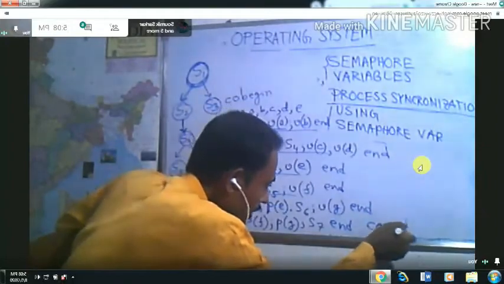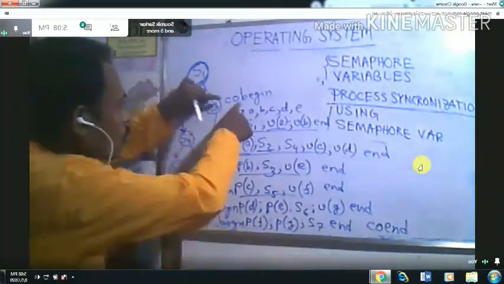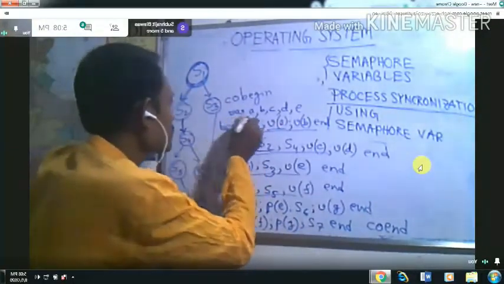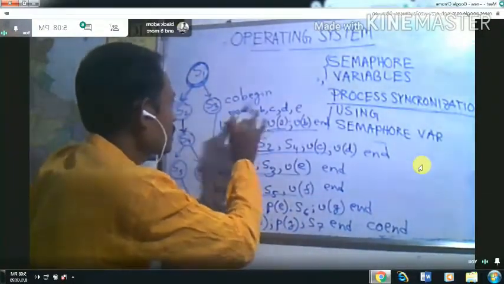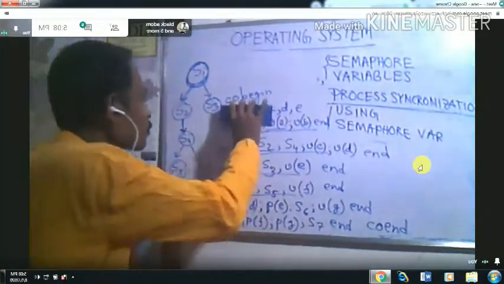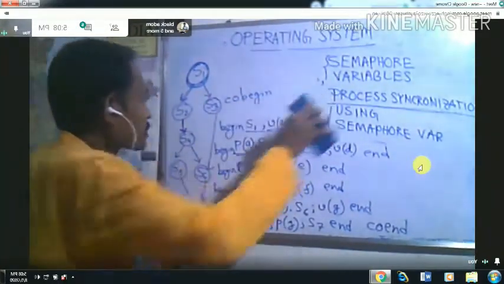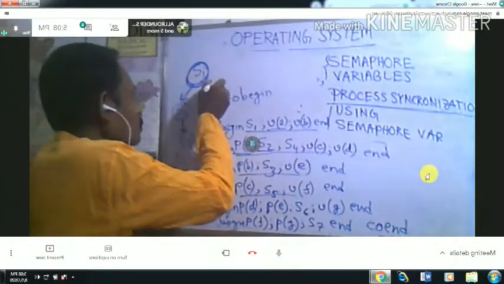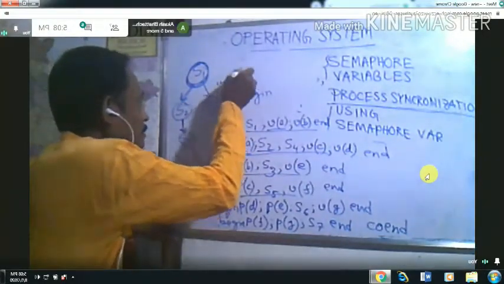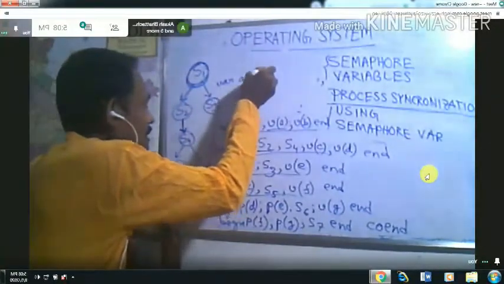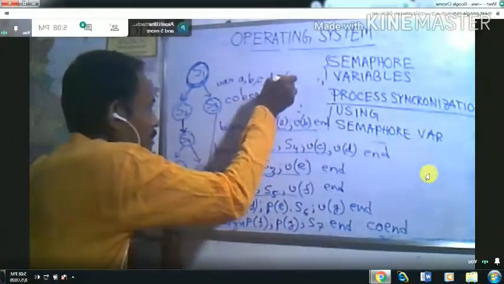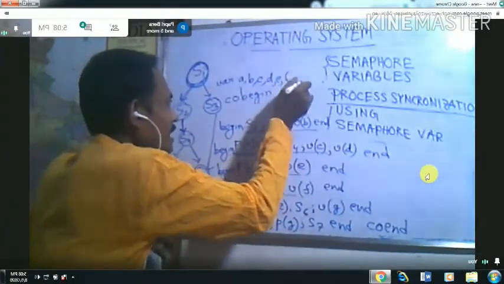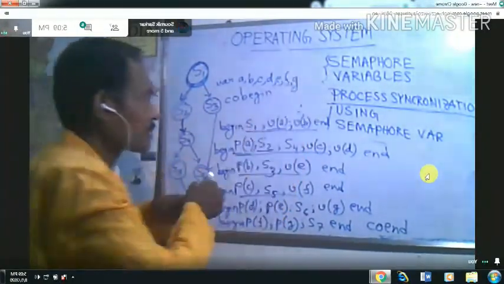So within cobegin and coend we are writing these semaphore operations. What are the variables? You can write these variables before this cobegin also. The variables are A, B, C, D, E, F, G. All these are what type of variable?